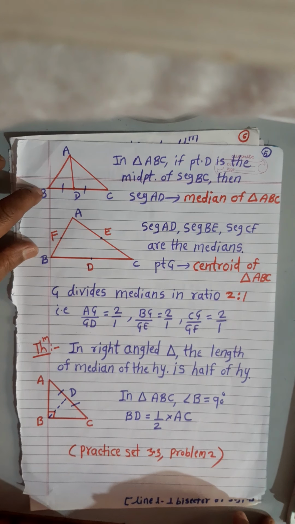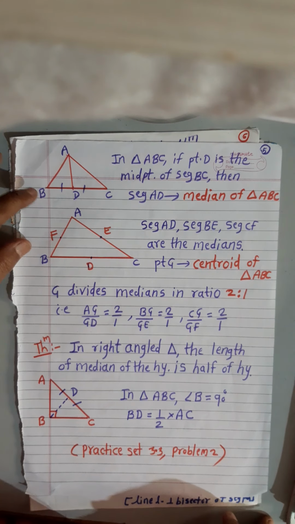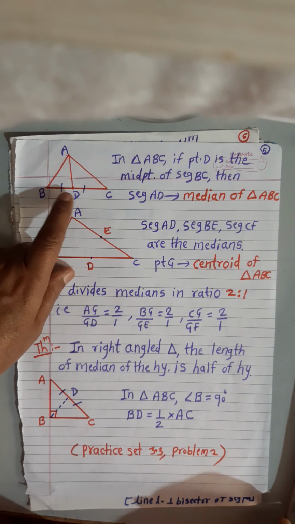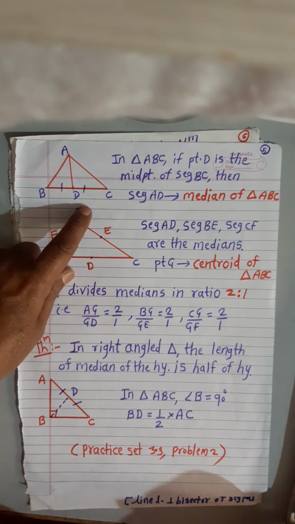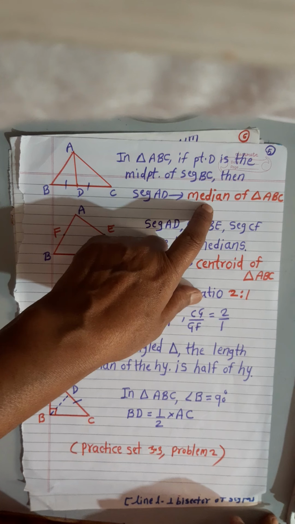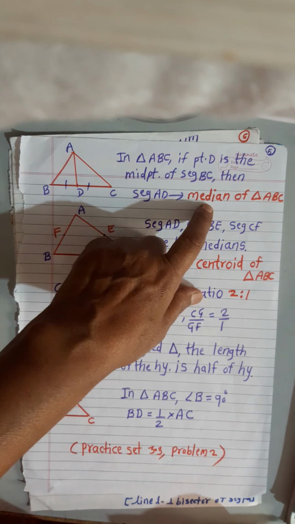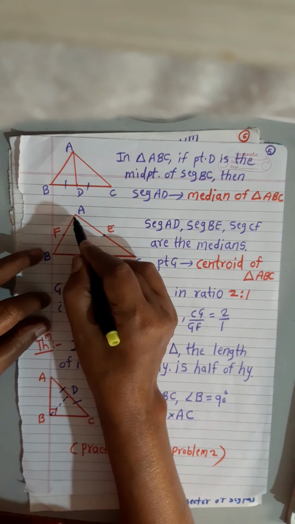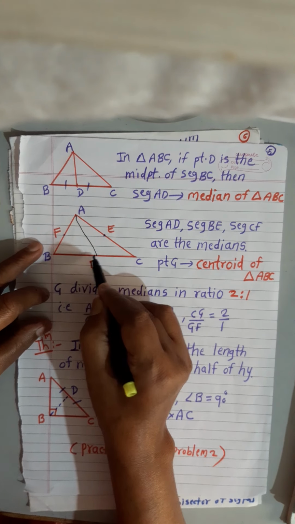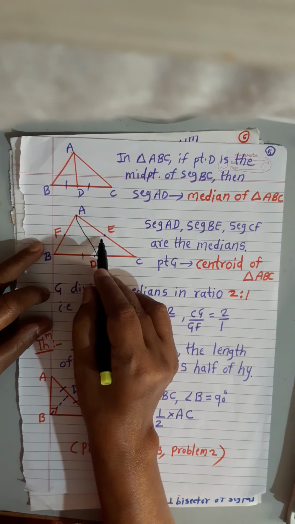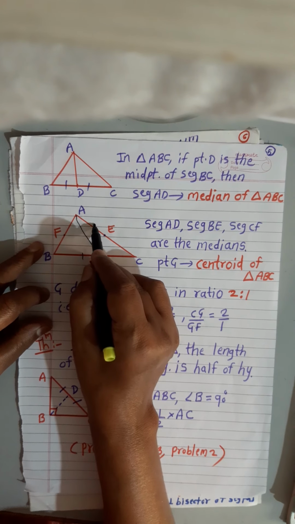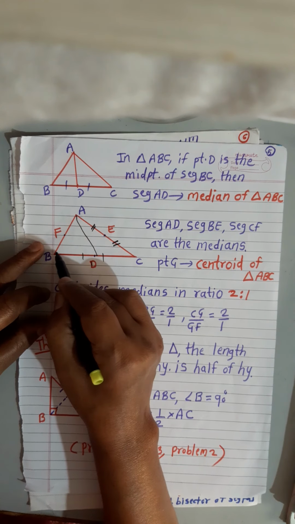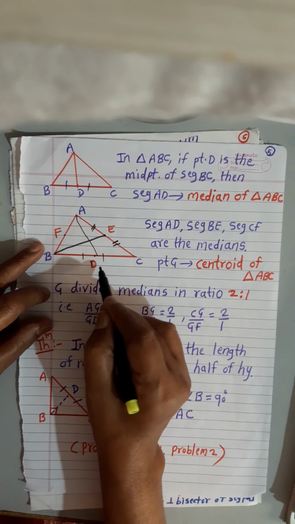See the figure. In triangle ABC, point D is the midpoint of segment BC, and therefore segment AD is called the median of triangle ABC. Now see here, in the second figure, D is the midpoint of BC, therefore AD is the median, the first one. Also take E as the midpoint of AC, and therefore the second median is BE.